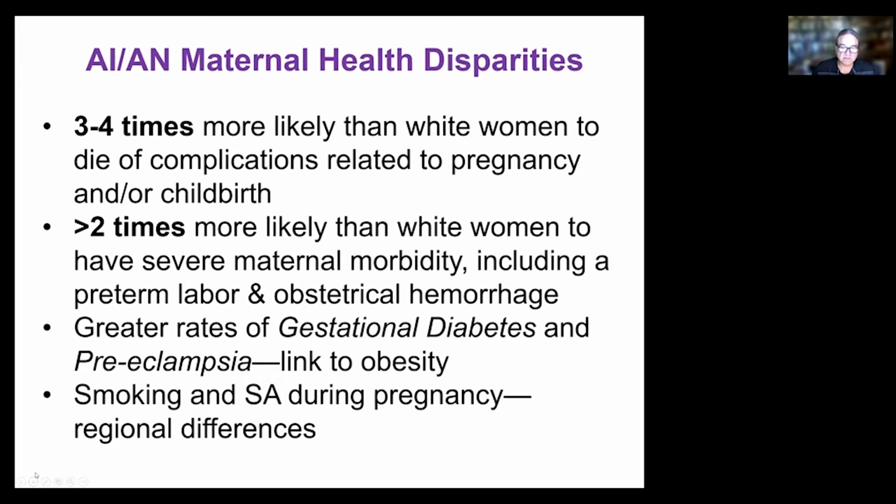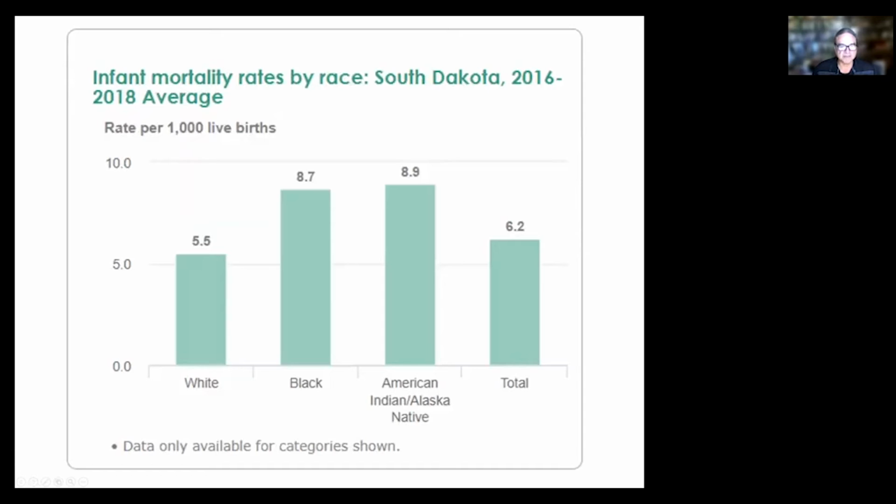And as a result, we wind up seeing higher rates of gestational diabetes and preeclampsia for American Indians and Alaska Natives. Another challenge in some of our regions, including here in the Northern Plains, is higher rates of smoking and substance use during pregnancy. There are a lot of regional differences, of course, when we look at the American Indian and Alaska Native population, but particularly in the Northern Plains, we see quite a few disparities.